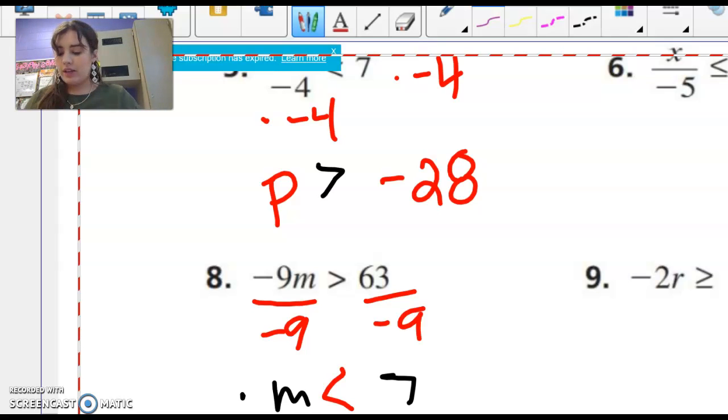So we can go ahead and plug that in. We have, if we make $9.50 and we work 26 hours, we make exactly $247. So that's what we need.